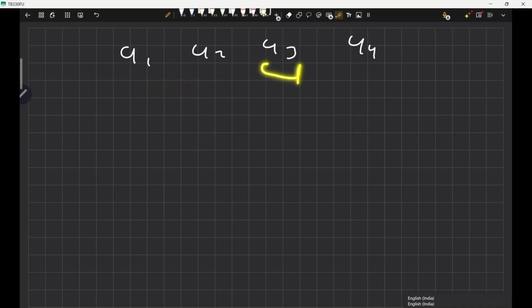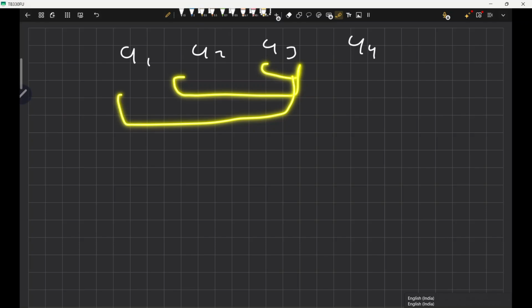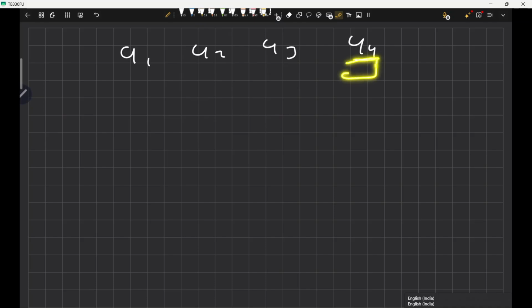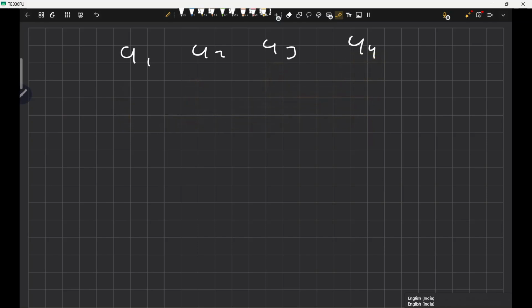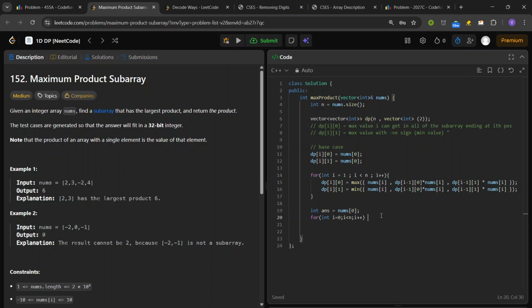Then a3 will give me the maximum answer among the subarrays ending at this a3. A4 will again do this for its four subarrays, and so the answer is going to be the maximum of all of them, right? Because the subarray can end at any of these positions. So I have to take the maximum one: maximum of answer and dp of I and 0, and just return the answer.